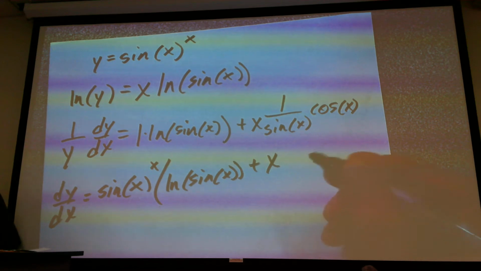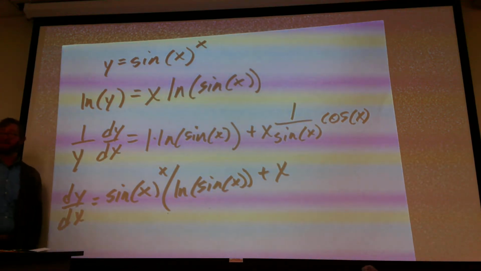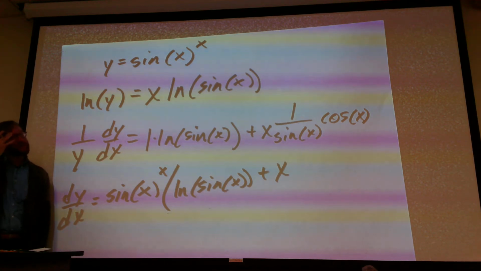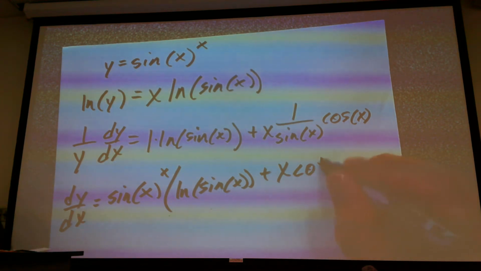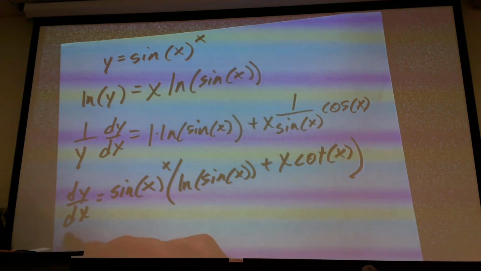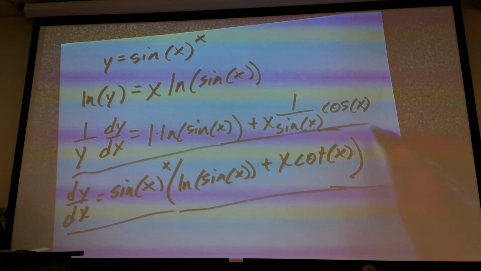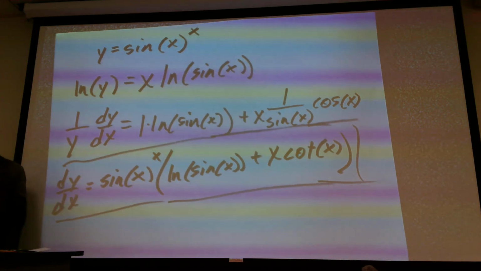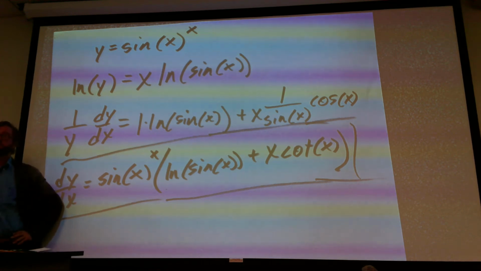Now plus x, and now cosine of x divided by sine of x. If y'all want to leave it as cosine divided by sine, I'm not going to count off, but we can simplify that to cotangent. That's the answer to that problem.